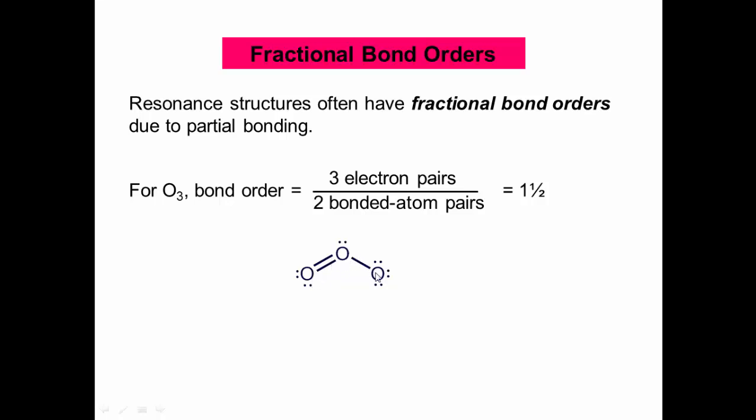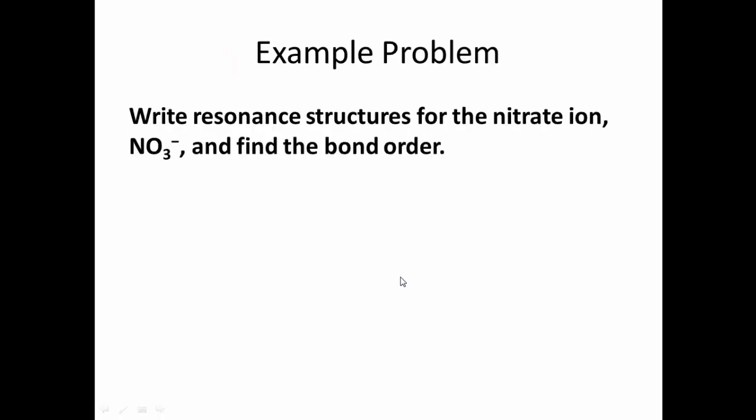And so we can interpret from spectroscopy that ozone doesn't have a single bond, it doesn't have just a double bond and a single bond, but it actually has a bond order somewhere in between a single and double bond, around 1.5 for ozone.